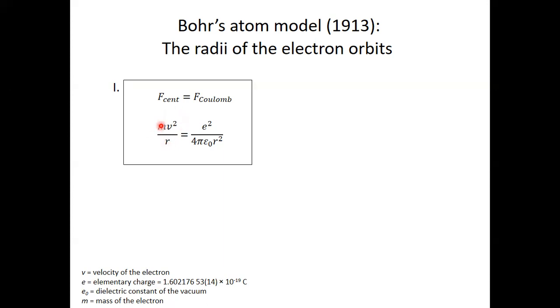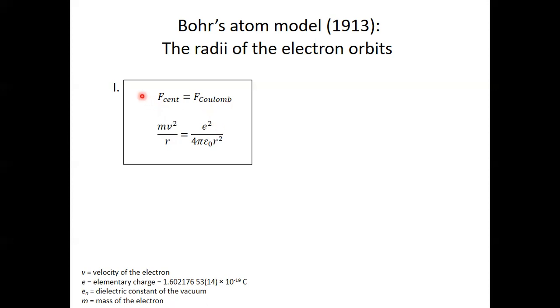That would need to be equal to the Coulomb force, and the Coulomb force would be the force between one proton and one electron, which is given by this formula here. So that's the elementary charge squared over 4 pi times the dielectric constant of the vacuum times the radius squared. All right.